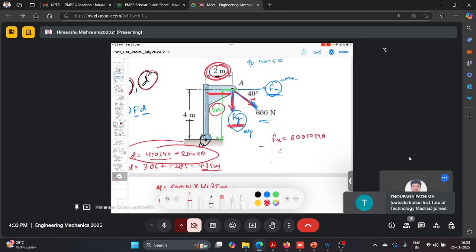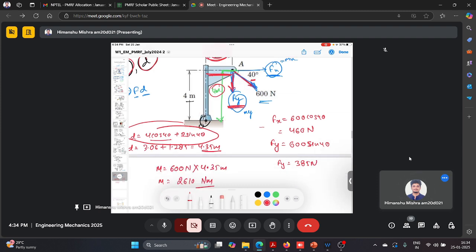So it will come around 460 Newton, and Fy will be 600 sin 40. So Fy will be around 385 Newton. So Fx is 460 and Fy is 385.